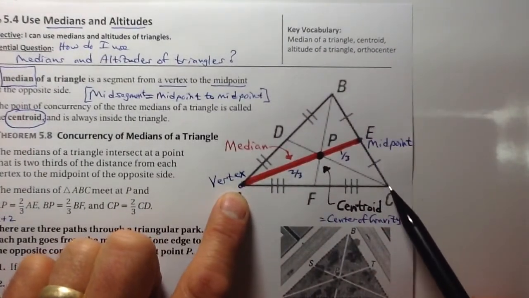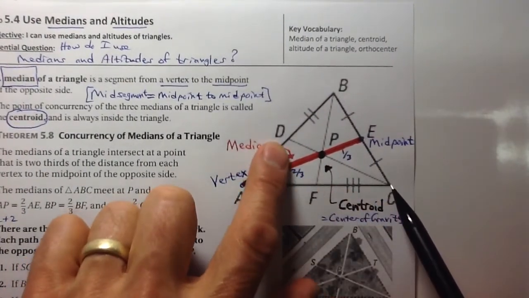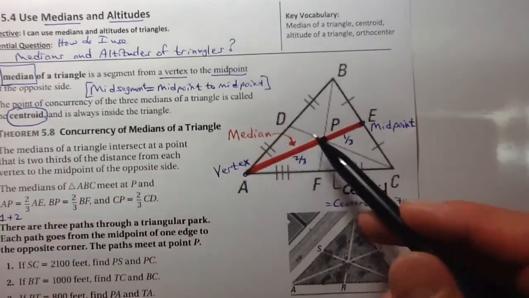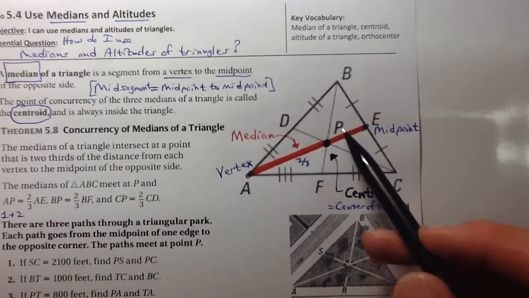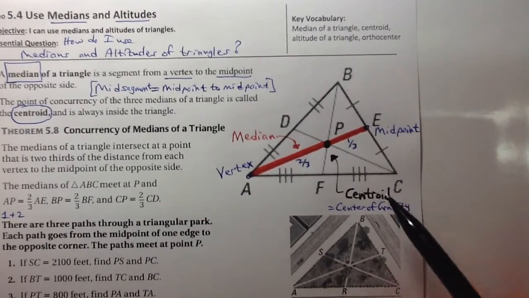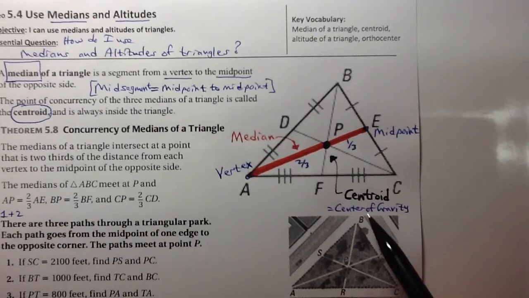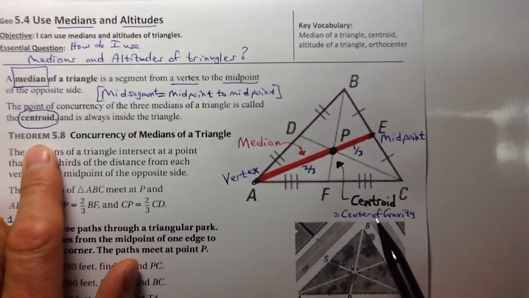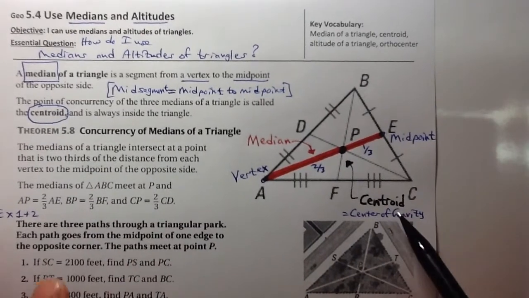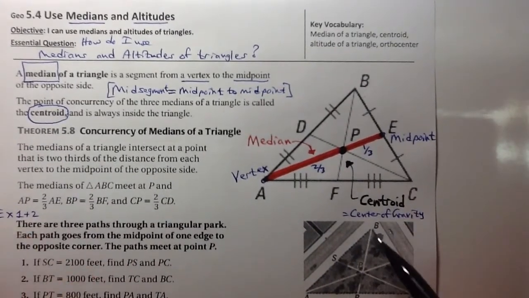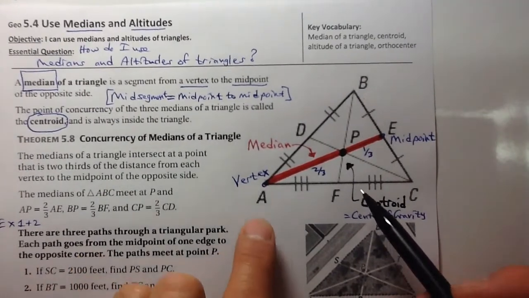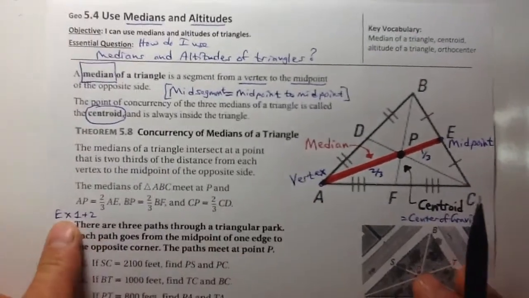This other one goes from the vertex across to the midpoint, and vertex across to the midpoint, and all three of those medians intersect at one particular point, and we call that point the centroid. Kind of a cool name. I have no idea where that name came from, but I like saying it. Centroid.